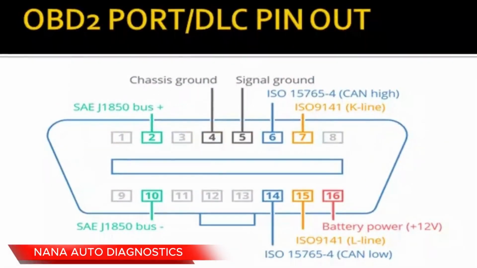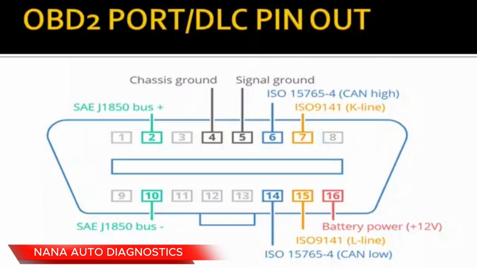Now let's dissect these pins and see what is supposed to be on every pin. As I told you earlier, it's a 16-pin connector, and the pins which I have shown there are the ones which are standardized, and the ones which are blank are manufacturer specific. Pin number 2 is the SAE J1850 bus positive, and pin 10 being bus negative.